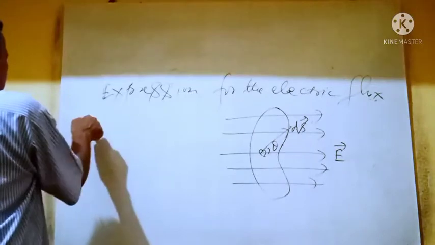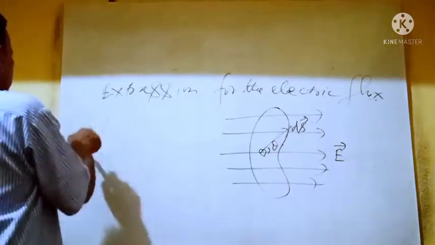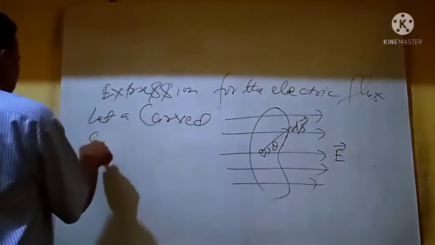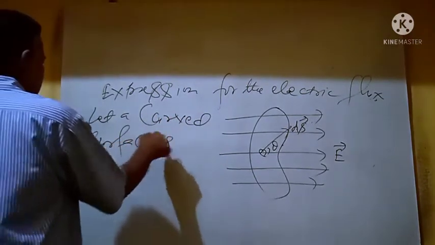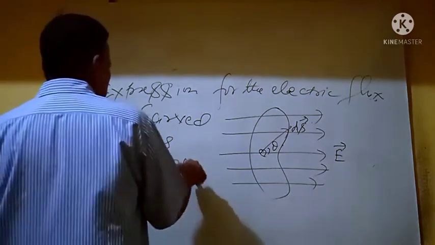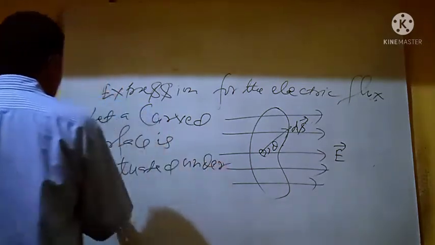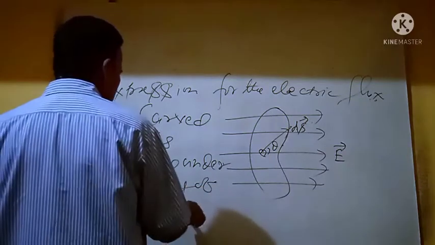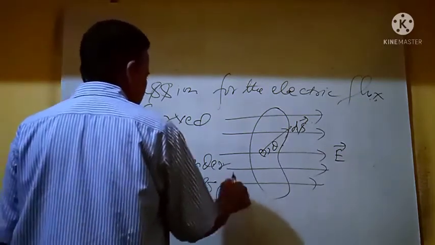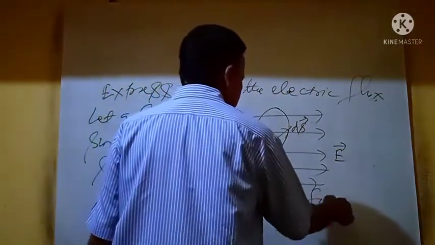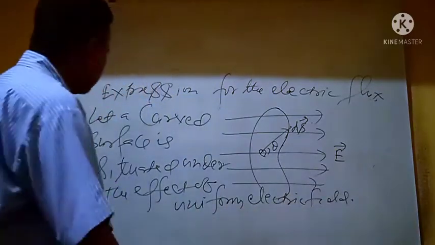Let a curved surface be situated under the effect of a uniform electric field. We take a small area vector ds.